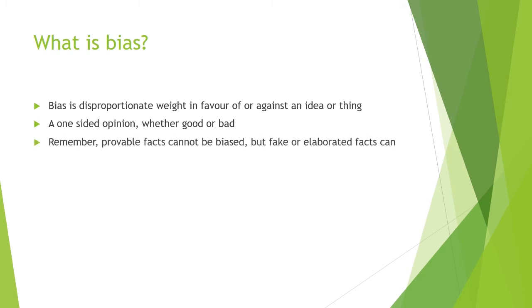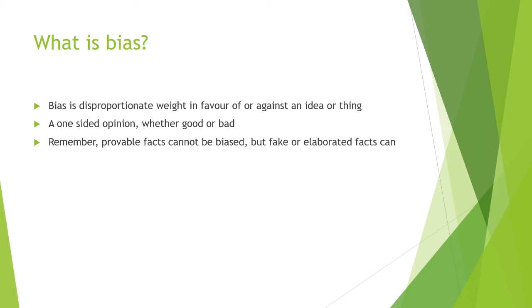Now, when we're talking about bias, and we'll touch on this a little bit later in the video, it's important to remember that provable statistics and facts cannot be biased, but fake or elaborated facts can. So for example, if I said that Metallica have got an album called Master of Puppets, that's not biased because they have.